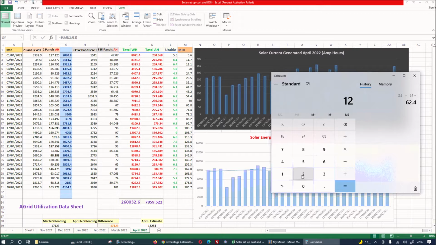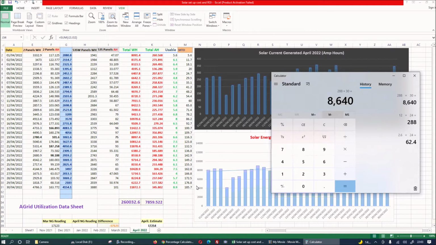So times 12, that gives me 288 watt hours that the inverter itself is using in a day. And I will multiply that by 30 days because we've got 30 days in April, and that gives me roughly 8.6 kilowatt hours that I've used this month.